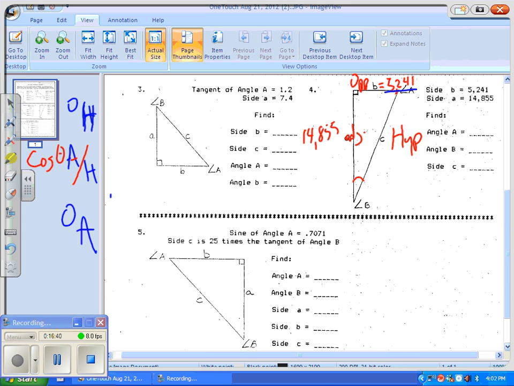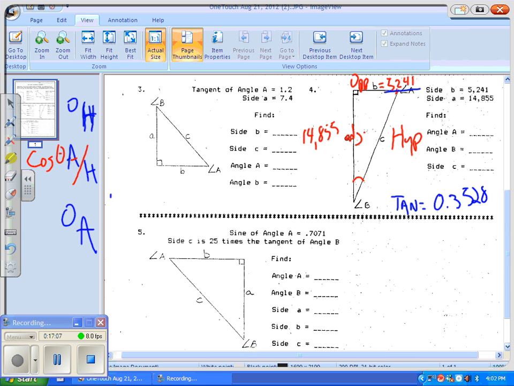So a fraction of this thing is if we just put in 5,241 divided by 14,855, we get 0.35. So the tangent of this thing is equal to 0.3528 and on and on.